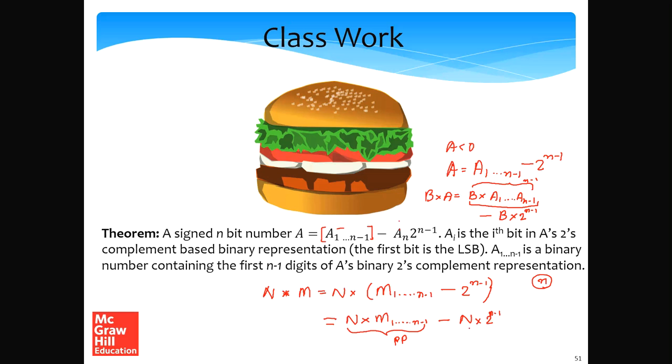That is essentially what we want to ensure in the last iteration. So from the partial product, we need to subtract the multiplicand shifted by n minus 1 steps, which basically means that you keep the multiplicand as it is, and then you add it.